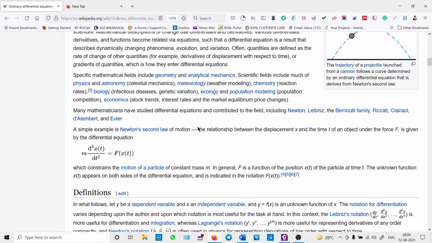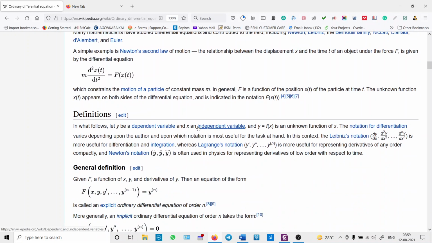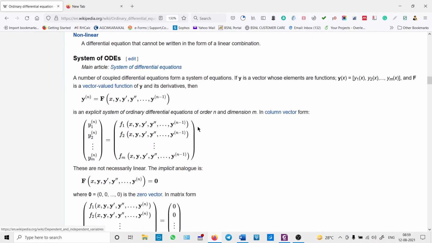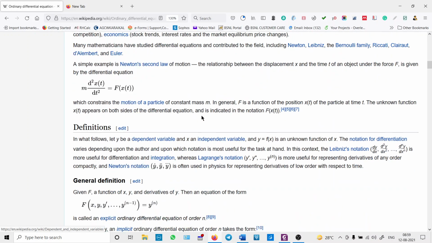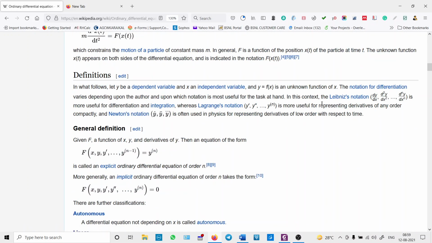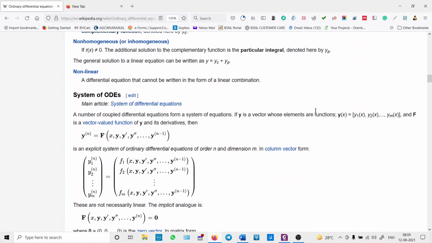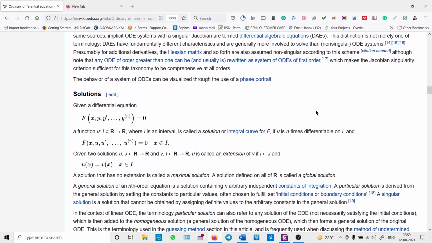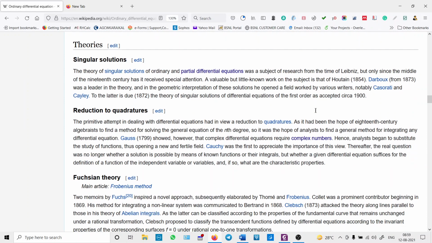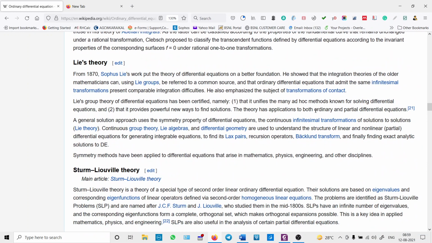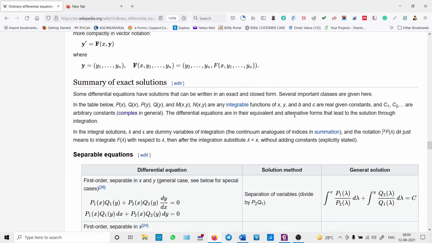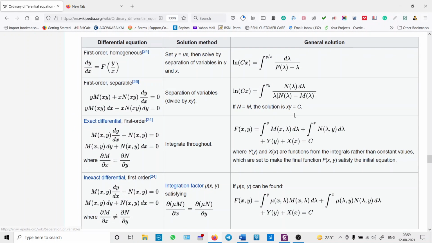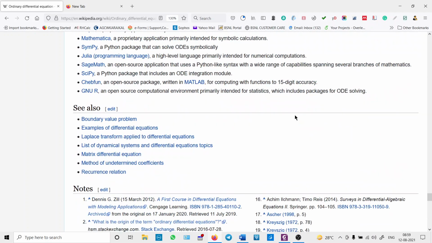Okay. So there are a lot of explanations given here, but what I am telling is you just learn the definition of ordinary differential equation, and I have given some applications. There are a variety of applications. You can see they have explained all the theory, and students can refer to this page for more knowledge about differential equations.